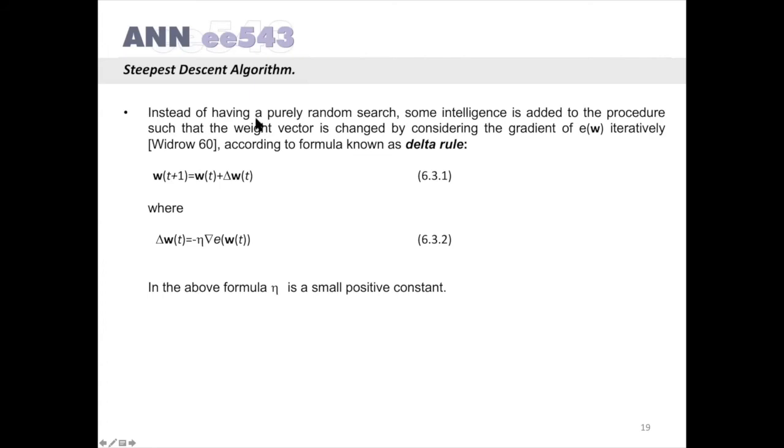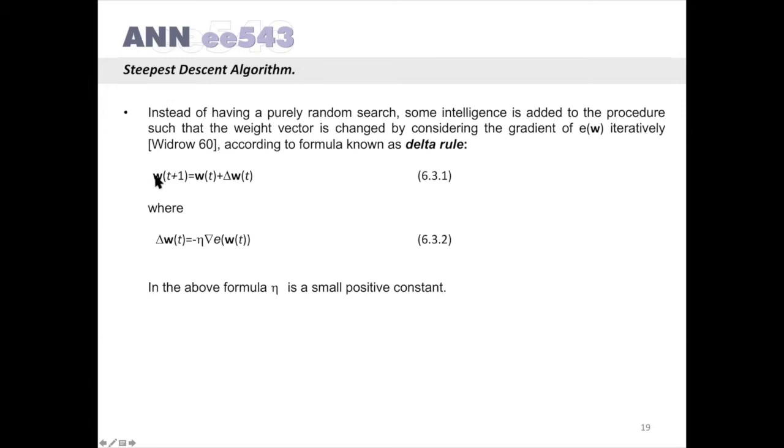Instead of having a purely random search, some intelligence is added to the procedure such that the weight vector is changed by considering the gradient of the error function of W iteratively according to the formula known as the delta rule.